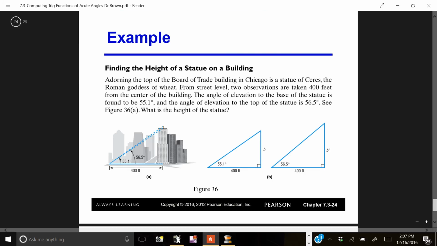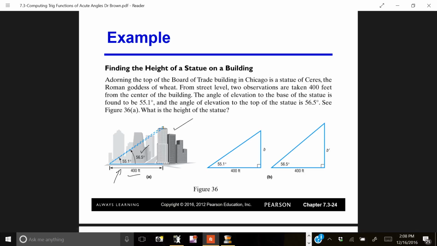Now, the last problem we're going to work is you're looking at a building, the Board of Trade in Chicago, and this building has a flag or statue on top of the building, and you take your transit and you're 400 feet below the bottom of the building, look at the top of the statue and the bottom of the statue, and you get an angle of elevation to the top of the statue of 56.5 degrees, and to the bottom 55.1 degrees.